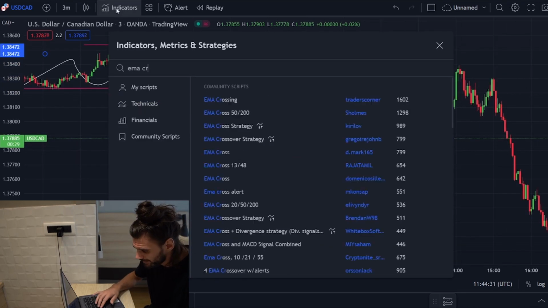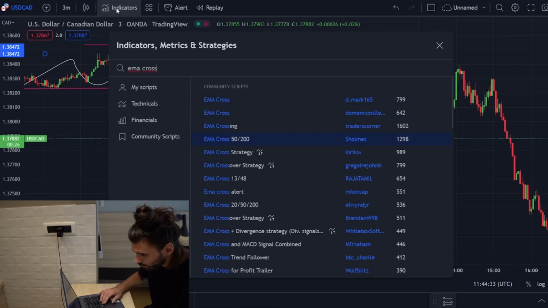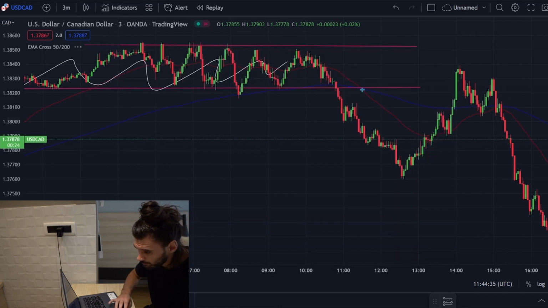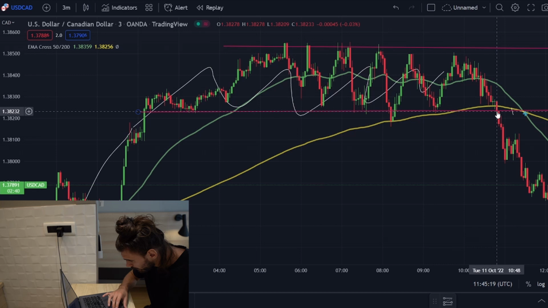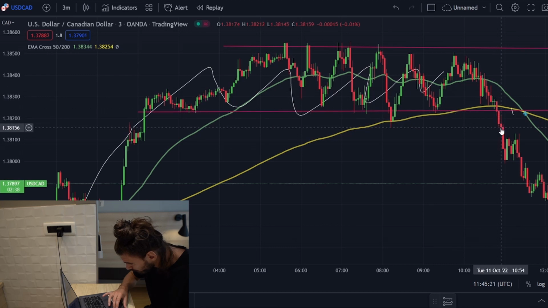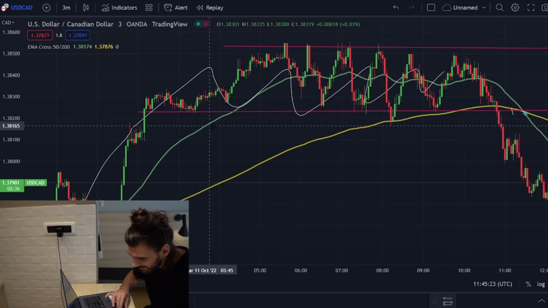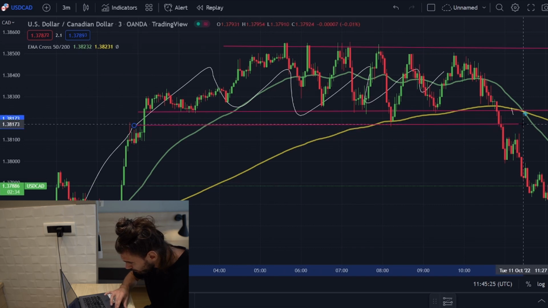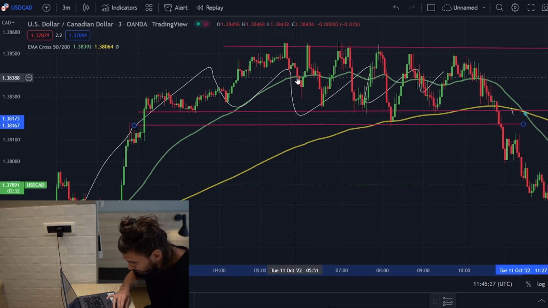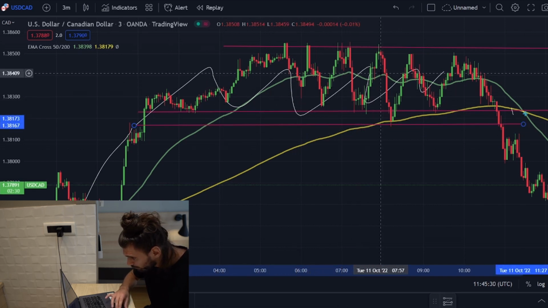So now if I add the EMAs just to be sure where the market is going, I can see the market breaking the 200 EMA right around here, and here was the last low of this support area where we saw a couple of bounces to the upside.